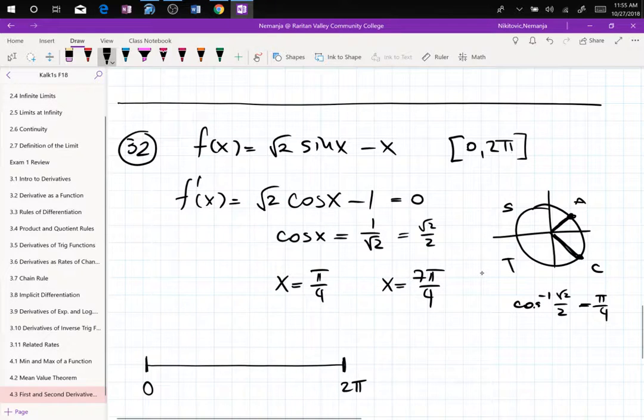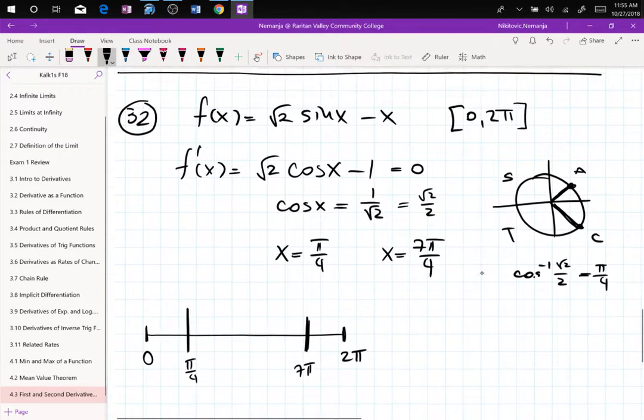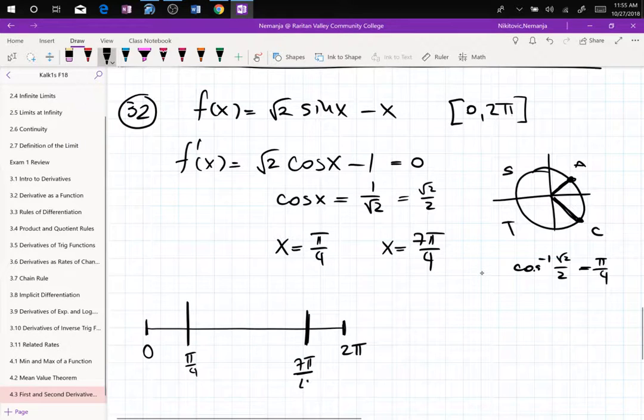Is that a 7 next to the pi over there? 7 pi over 4, yeah. So I partition at pi over 4 and at 7 pi over 4, and then we have the endpoints here. Now the nice value to pick in the middle is pi. That's the cheap one, clearly.